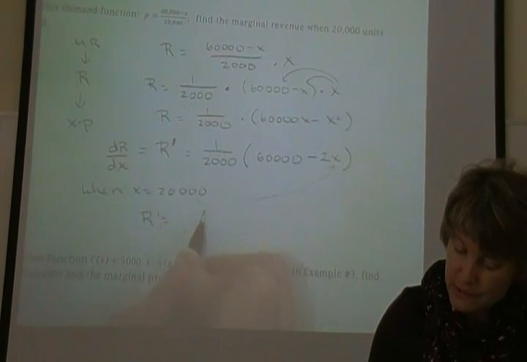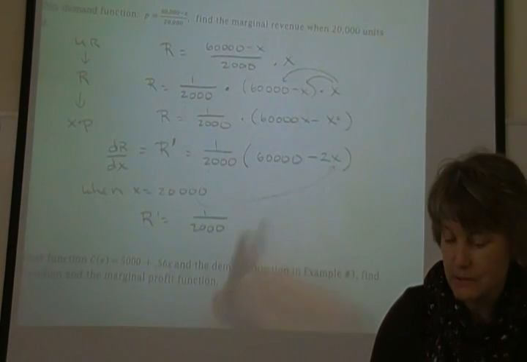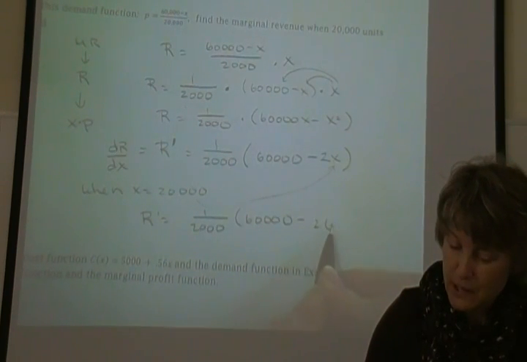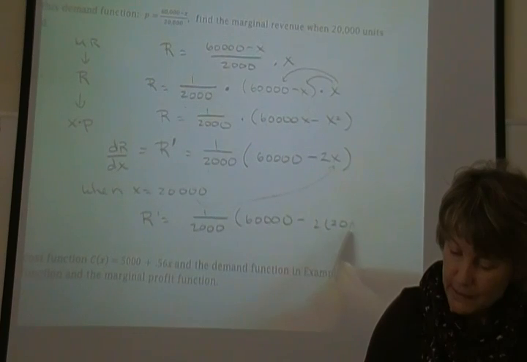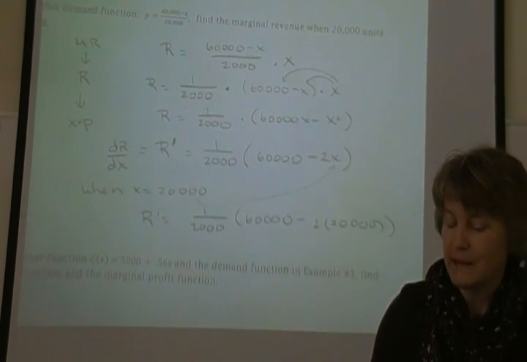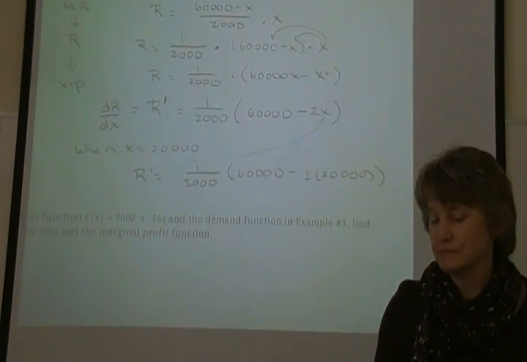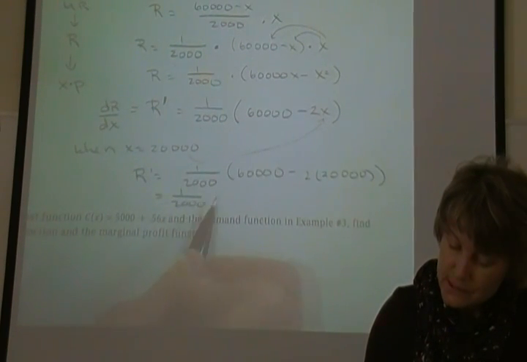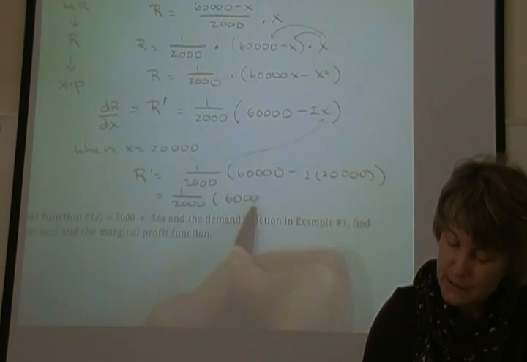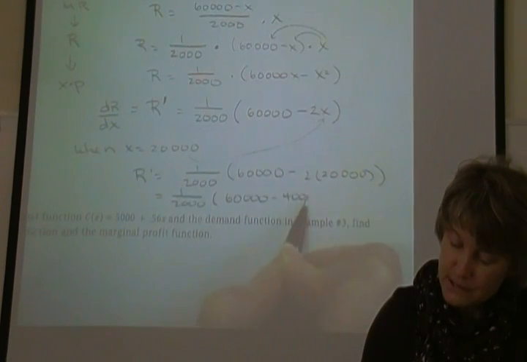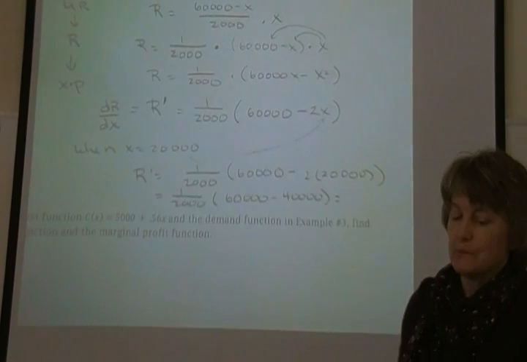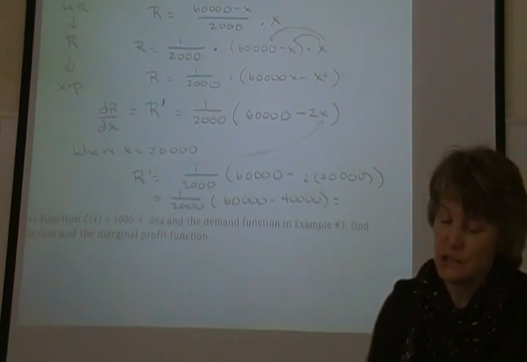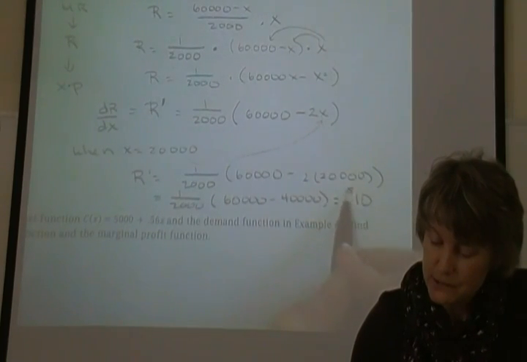So my final answer is 1 over 2,000 times 60,000 minus 2 times 20,000. Plugging that 20,000 in for x, I'm going to get 1 over 2,000 times 60,000 minus 40,000, which is 1 over 2,000 times 20,000, which is $10.